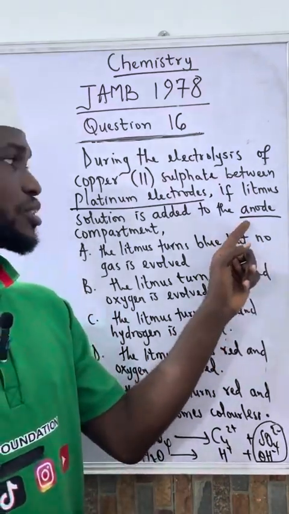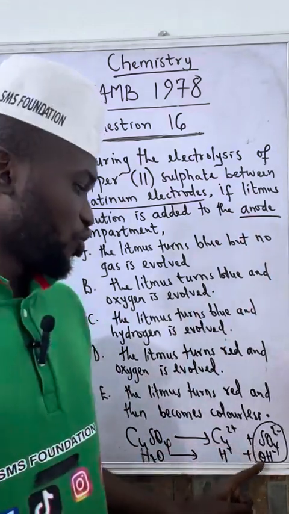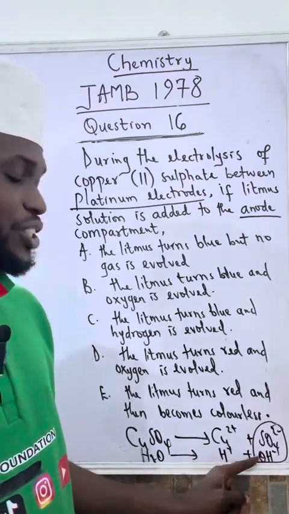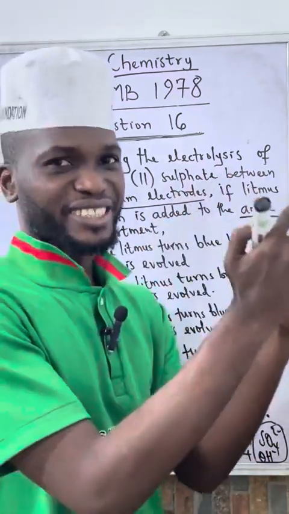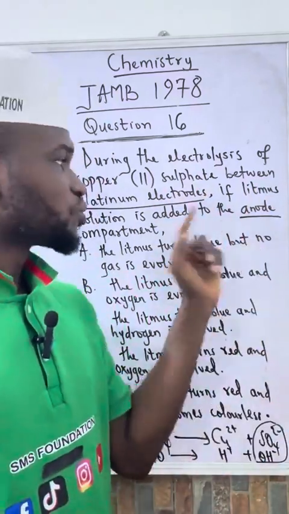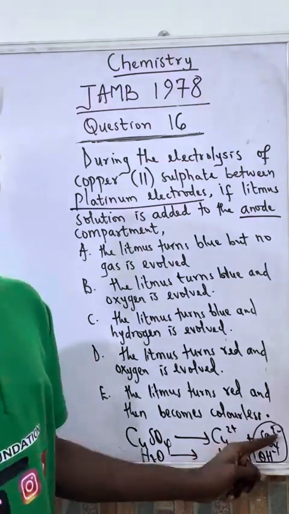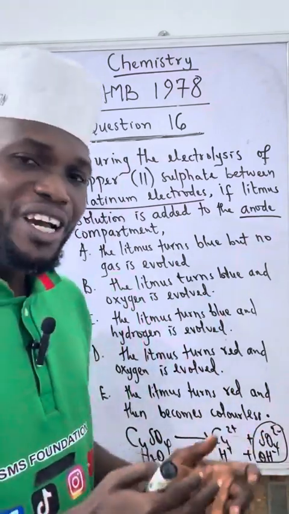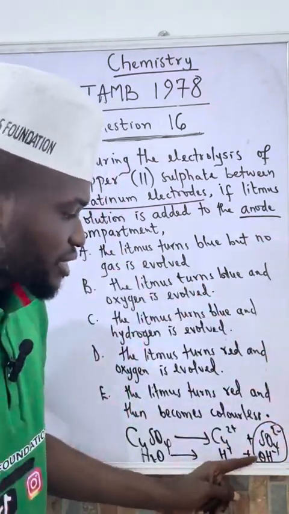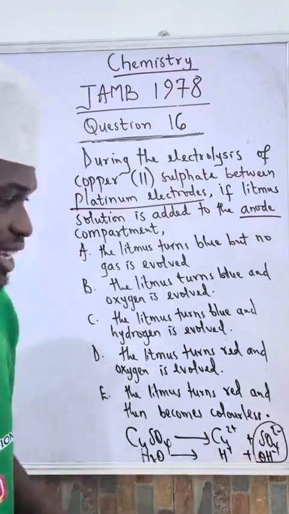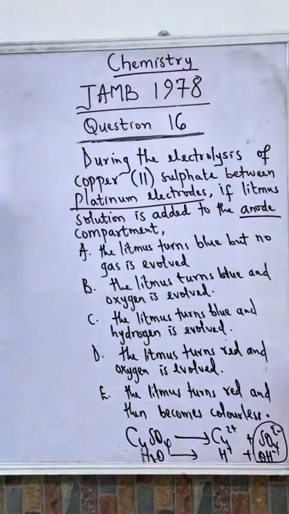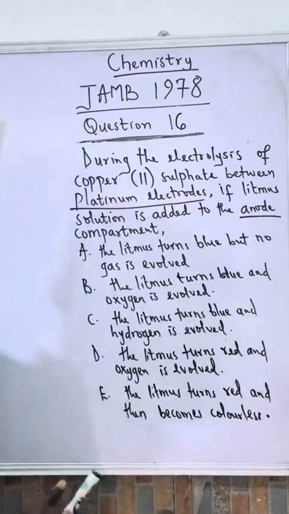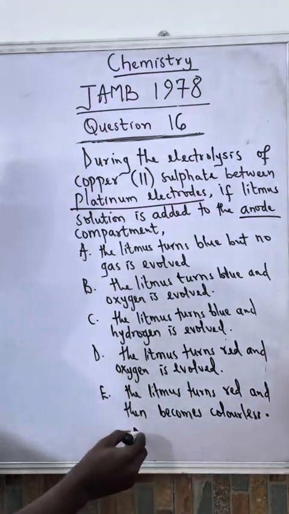Now, because of the position of hydroxide ion in the electrochemical series, hydroxide ion will be preferentially discharged at the anode. So that means the SO4 2- will travel back into the solution. Now, the OH- that is discharged at the anode will undergo reaction.